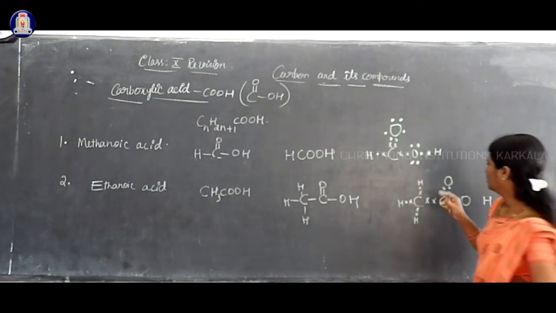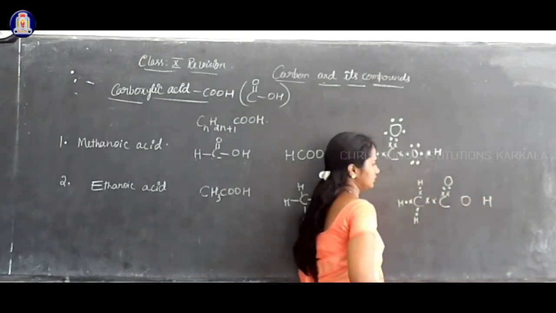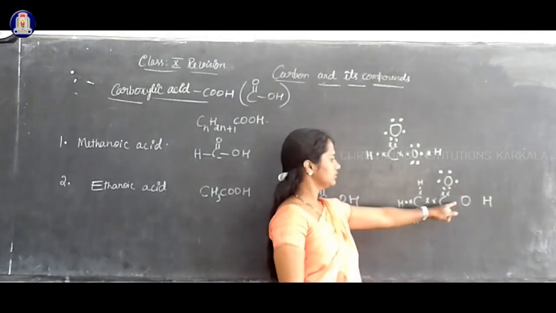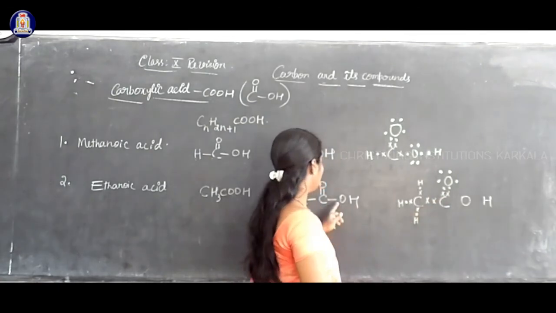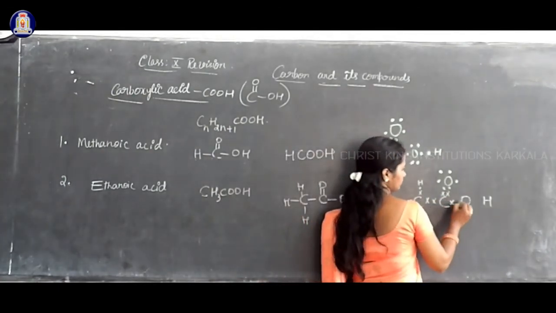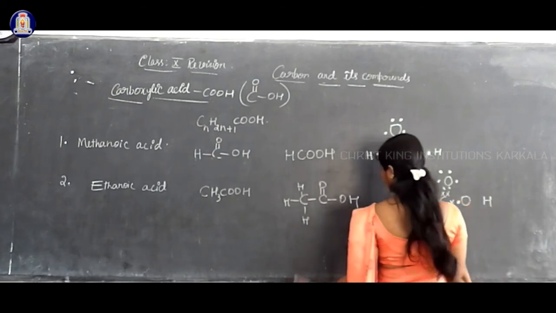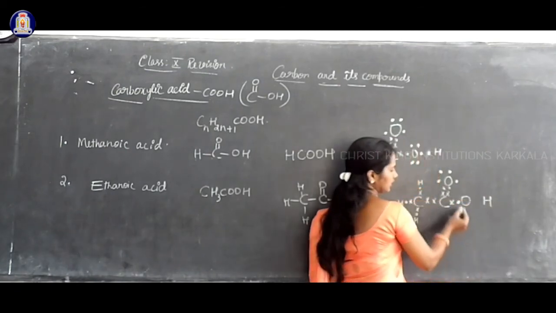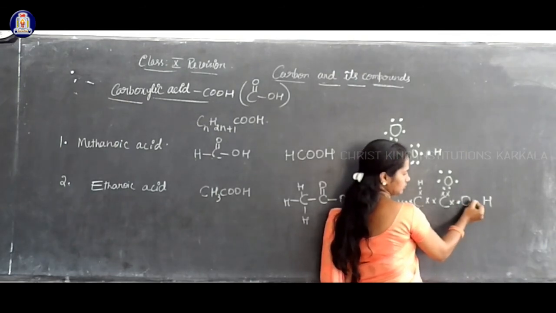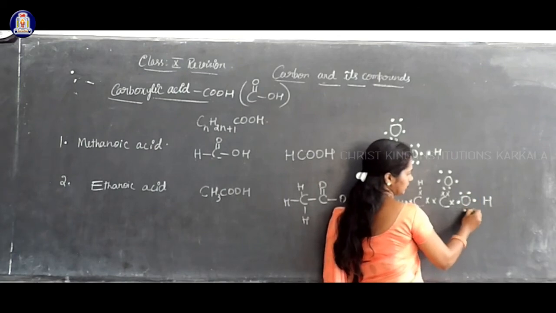Oxygen. So here 2 electrons written, 3, 4, 5, 6. Come to the oxygen and carbon. Oxygen and carbon single bond. So into dot. Oxygen and hydrogen also single bond. Oxygen has 6 electrons. So 1, 2, 3, 4, 5, 6.